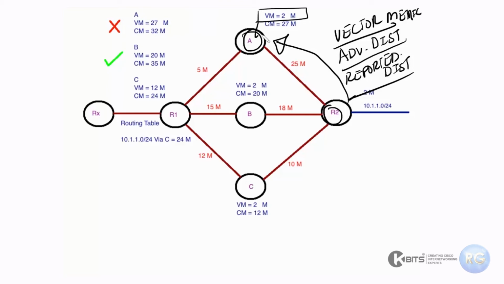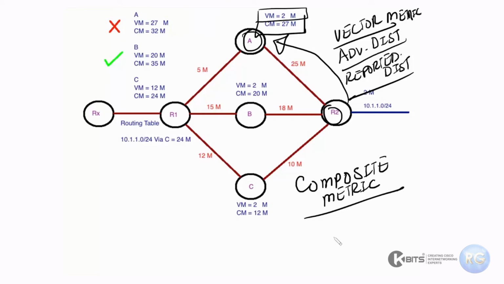That over here is called the composite metric, also known as the feasible distance. Good so far? You guys okay with the A calculations?